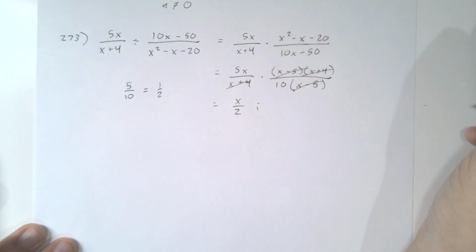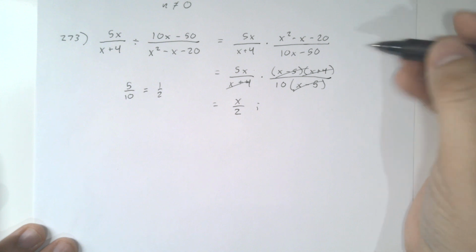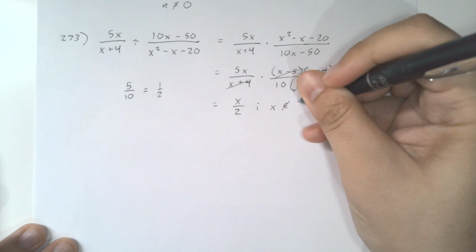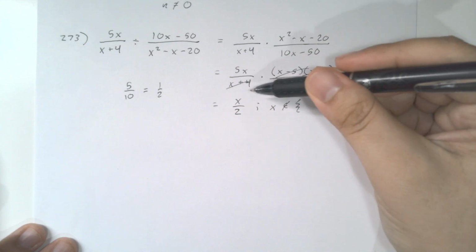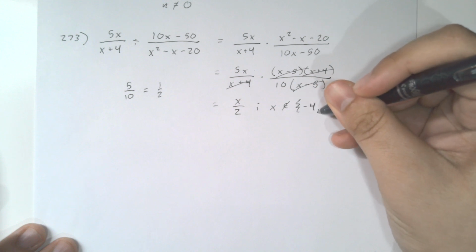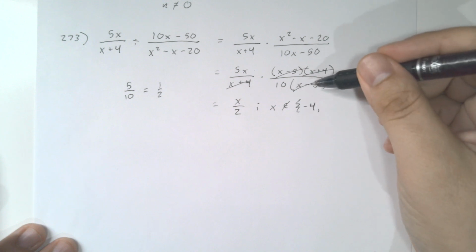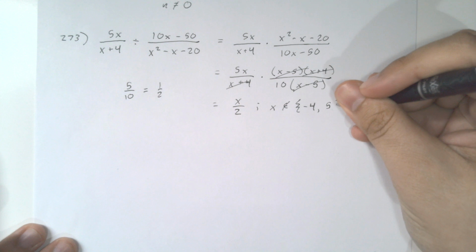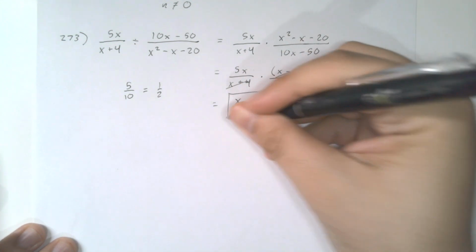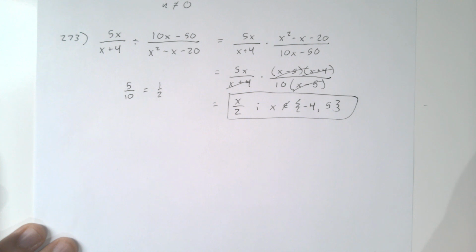And now we just have to figure out our excluded values. So from right here, flipping the sign here, x cannot be negative 4, and flipping the sign here, x cannot be equal to positive 5. And so this is our final answer.